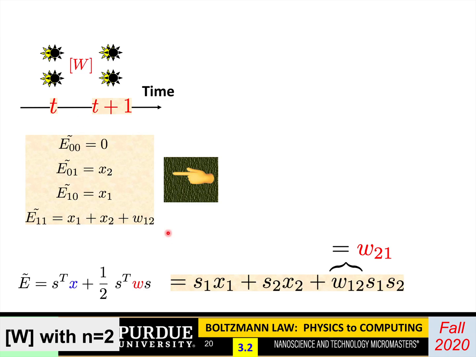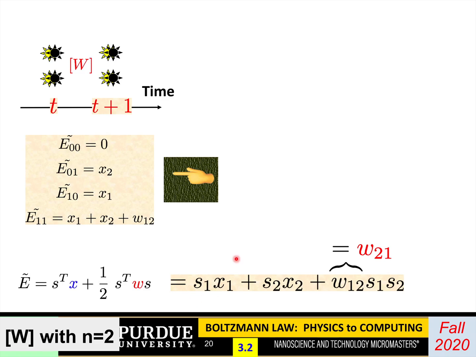Now, from this we can write out the energies of all the configurations. How many configurations? Well, 2 neurons, so there are 2 squared, or 4 configurations: 0 0, 0 1, 1 0, and 1 1. So 0 0 means S1 is equal to 0, S2 is equal to 0, and so we get 0. 0 1: S1 is 0, but S2 is 1.